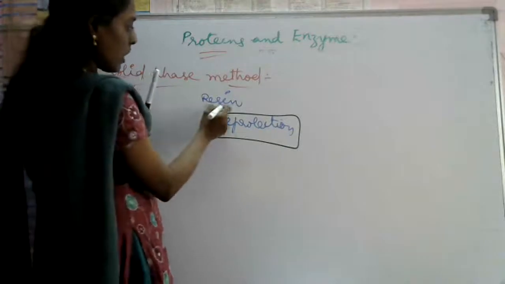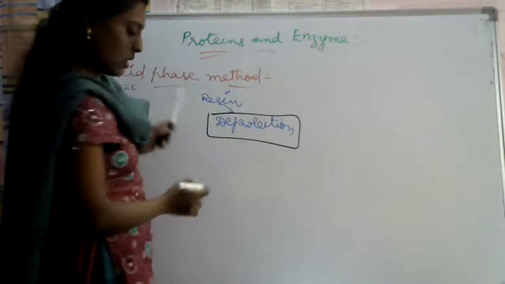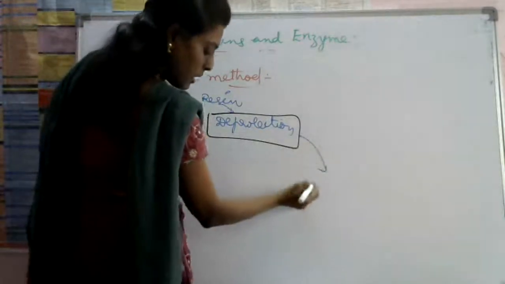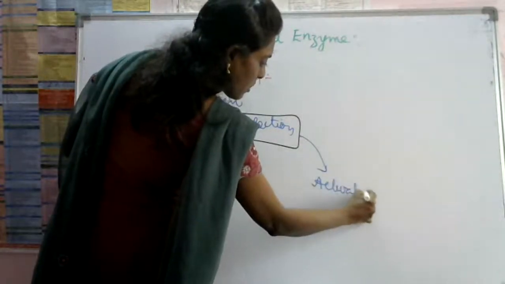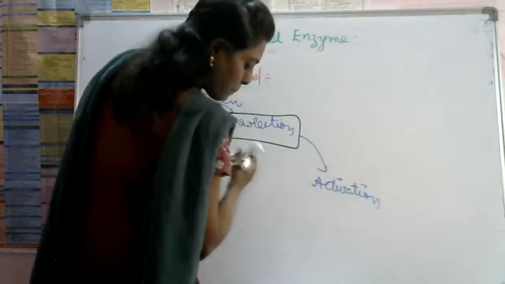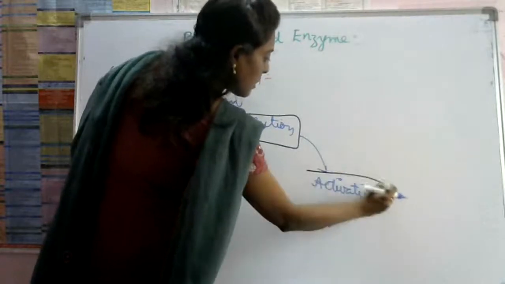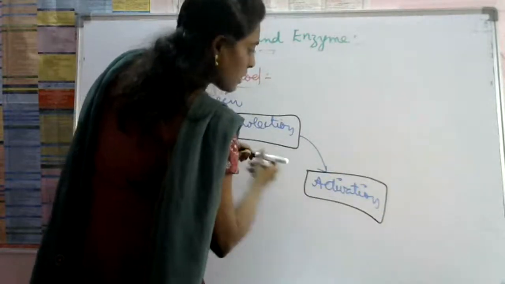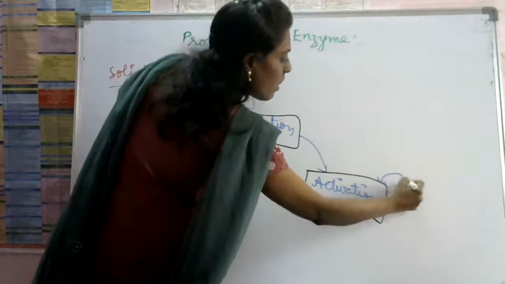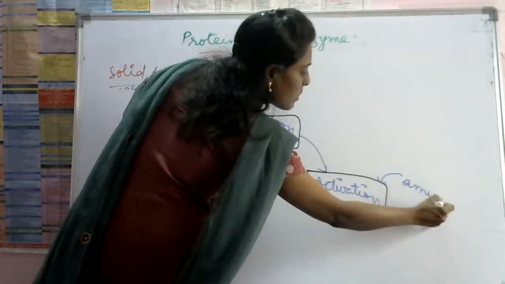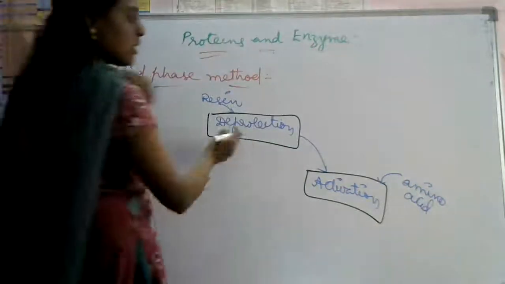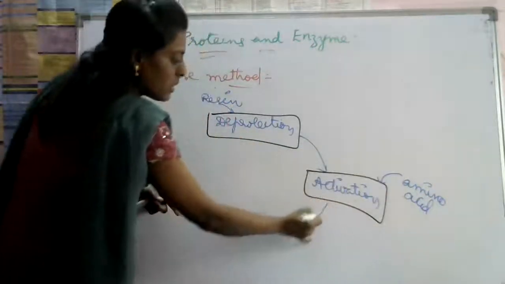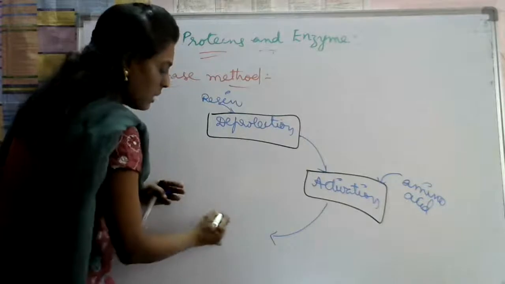Next we add the amino acid to this resin. Then what will happen? Activation. Next, for this we add the amino acid. This amino acid and this activated one get coupling.